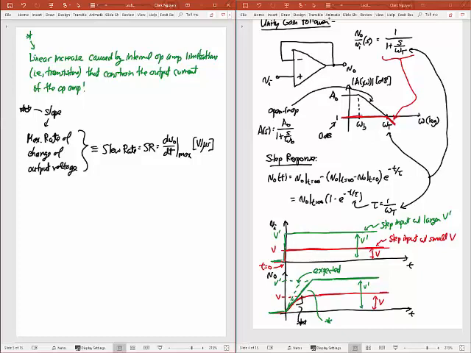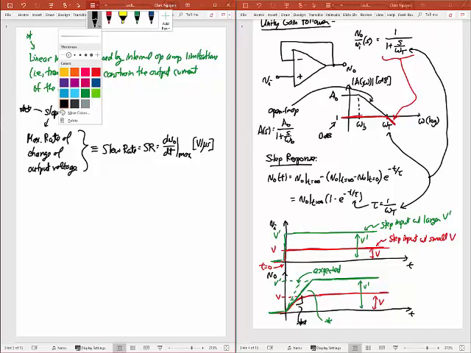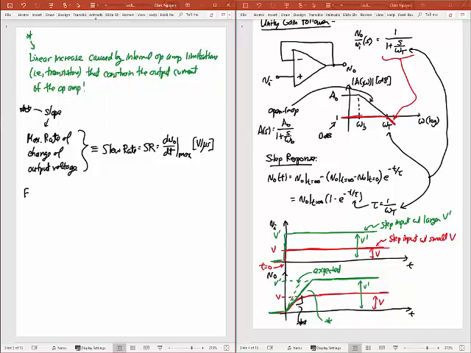Okay? And so I just gave an example of where this is limiting to us, but it's limiting in a more general sense too. So let's just take an example here, just to show why this could be very important in other practical circuits. So let's take the example where we're trying to output just a sinusoid, okay?